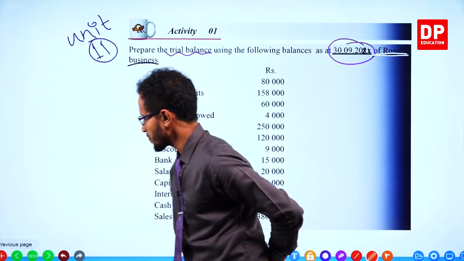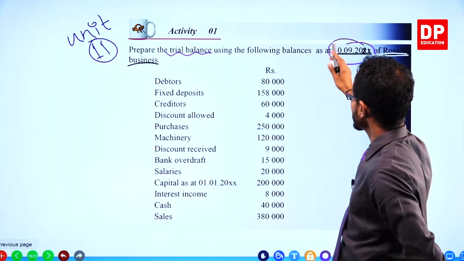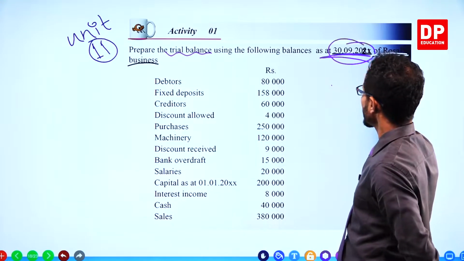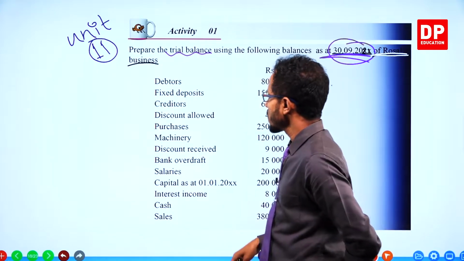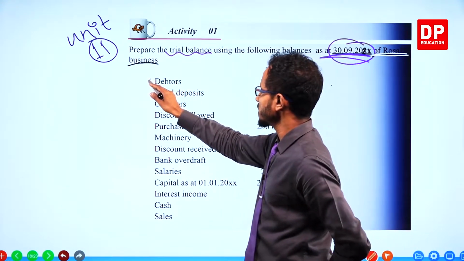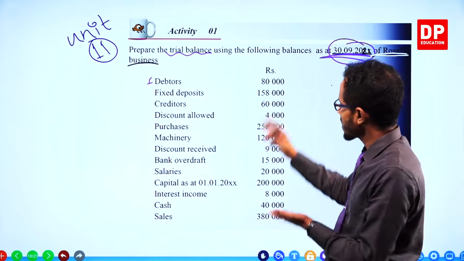Let's refer to the question now. Trial balance as at 30th September 2021, Rosal's business. First we have debtors. The debtors balance is 80,000.